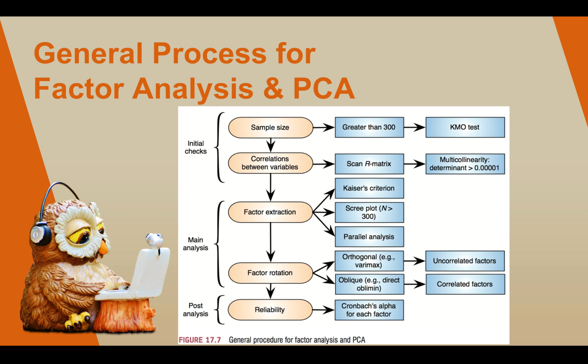And as long as you look at your KMO test and see that the score is acceptable, then you're not really going to have to worry about sample size. We are going to do some initial checks, then a main analysis and a post analysis, and walk you through the processes of how we can use factor analysis.